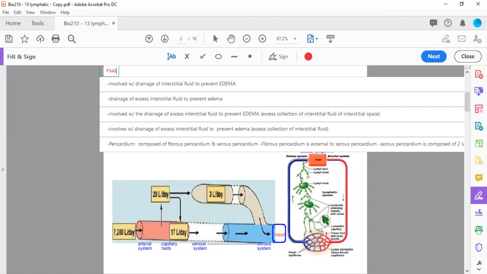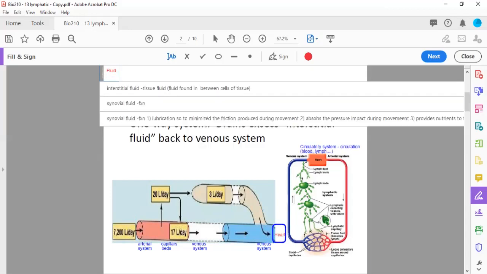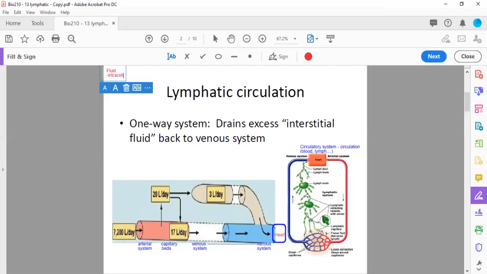Water could be found everywhere: inside the cells, outside the cells, meaning inside the interstitial space or extracellular space in general. That's what it means, water outside the cells. Now, the way you name the fluid is based on location. So for example, intracellular fluid. What does that mean? It's within the cells. Good.